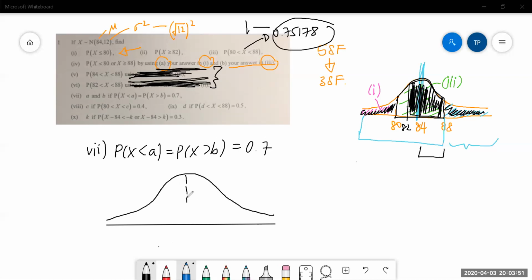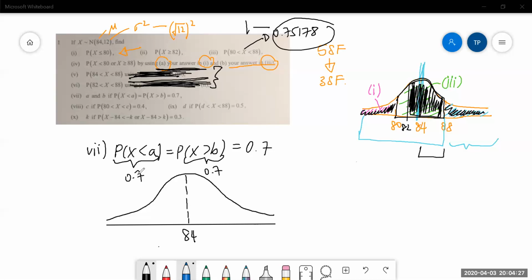Right in the center is 84. So when X is lesser than A, it is 0.7. When X is greater than B, it is also 0.7. Is 0.7 a big probability? How do we define a big probability? It's past the 0.5. Correct. Very good. As long as it's bigger than 0.5, we consider it as a large probability.